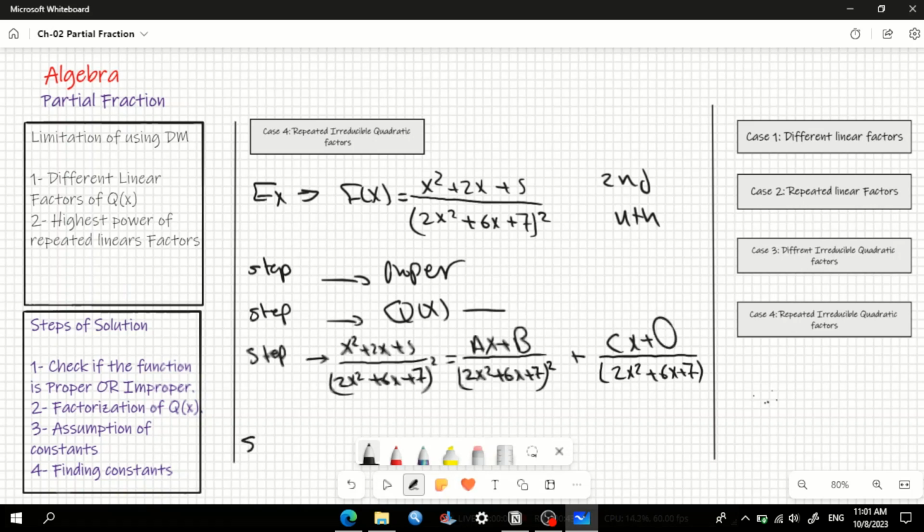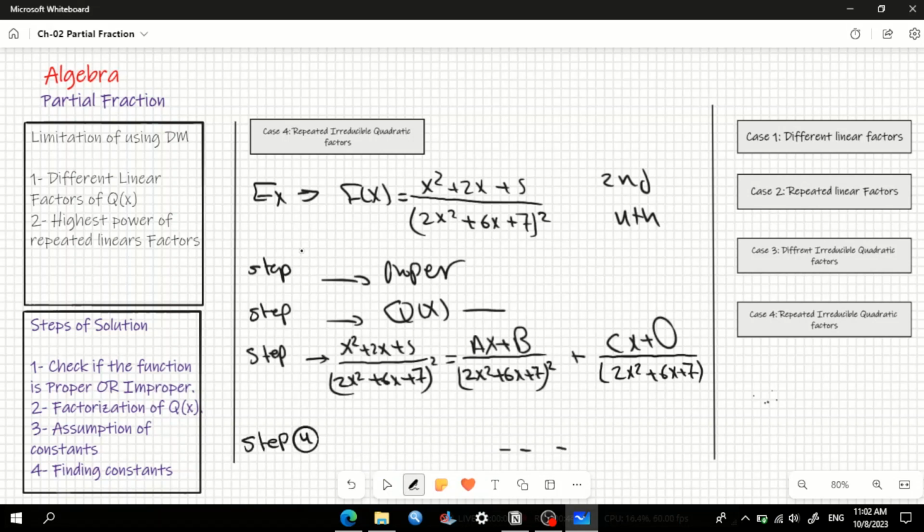So step 4, we have to use the substitution method or comparison method. Okay, we will compare the coefficient of x, starting from the highest power.